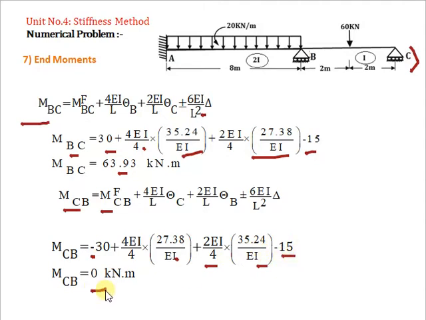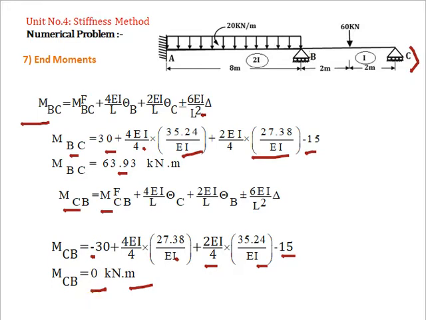So we have MCB equal to 0, and that is proof that end C is simply supported, so the end moment at C will be 0, and that is calculated mathematically, it comes out to be 0.